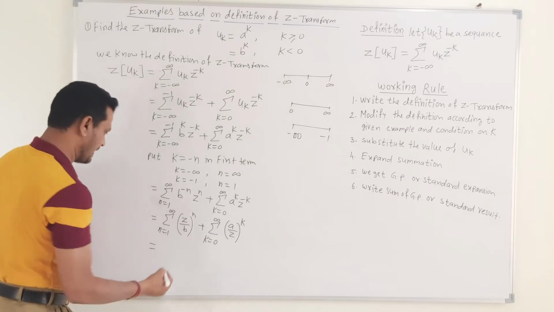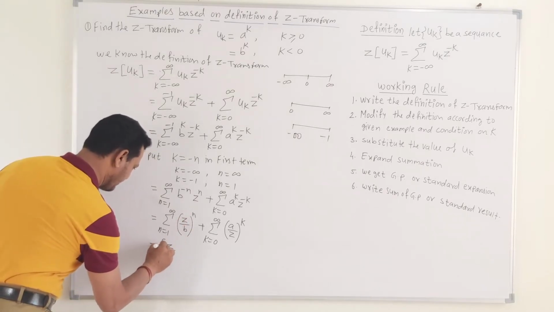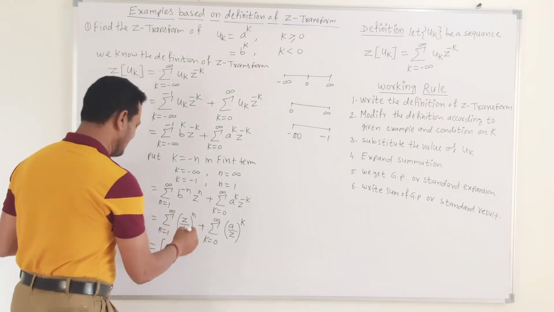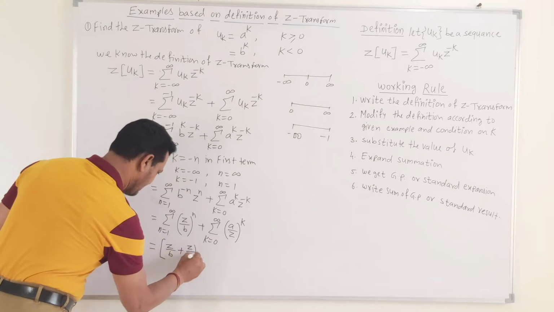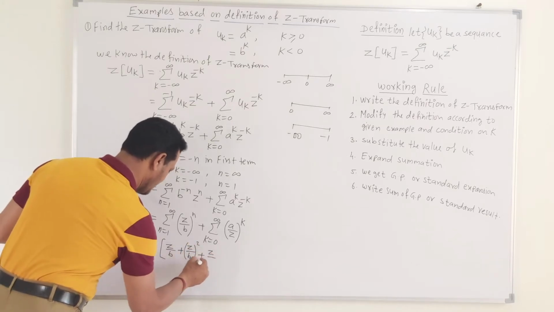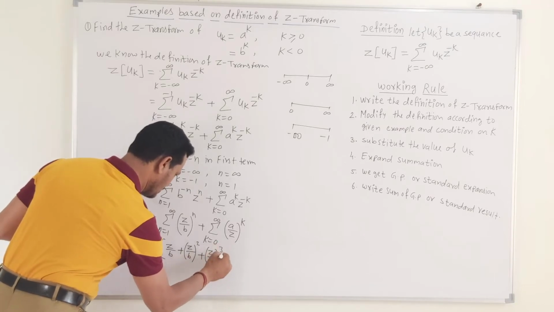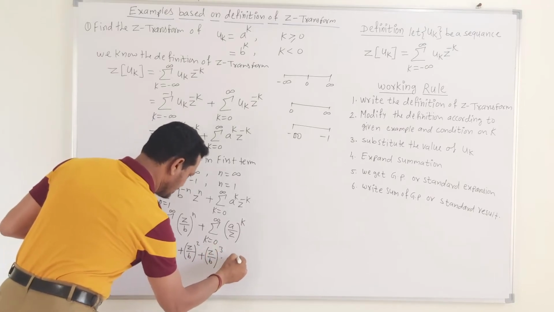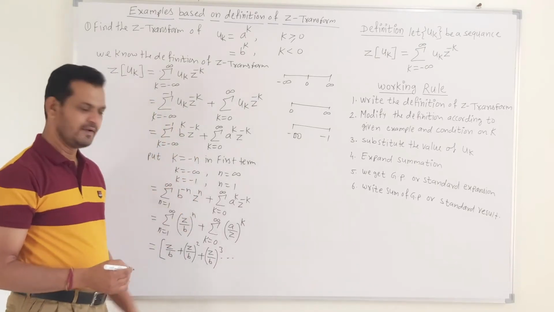Putting n equal to 1, we get z by b. Putting n equal to 2, we get z upon b squared, then for n equal to 3, z by b cubed, and so on. This goes up to infinity because n goes to infinity.